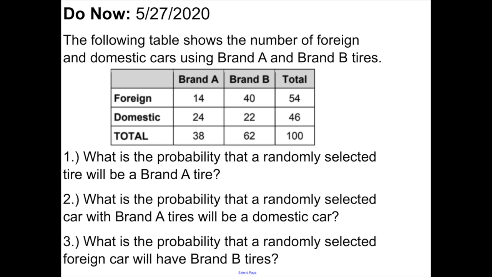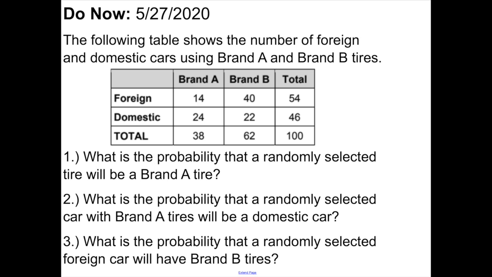This is a two-way frequency table, and recall that it represents a random sample that we've gone out and taken. This random sample is supposed to be representative of the tires in general. So if I pick a tire and I want to know a certain probability, this table contains everything I need.